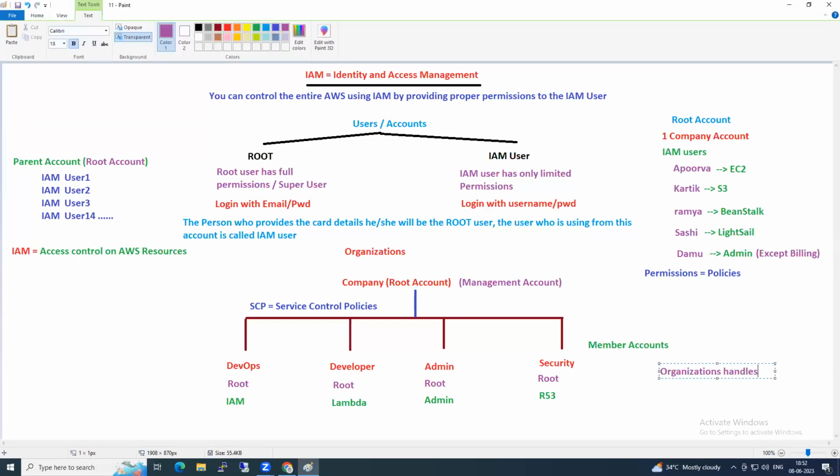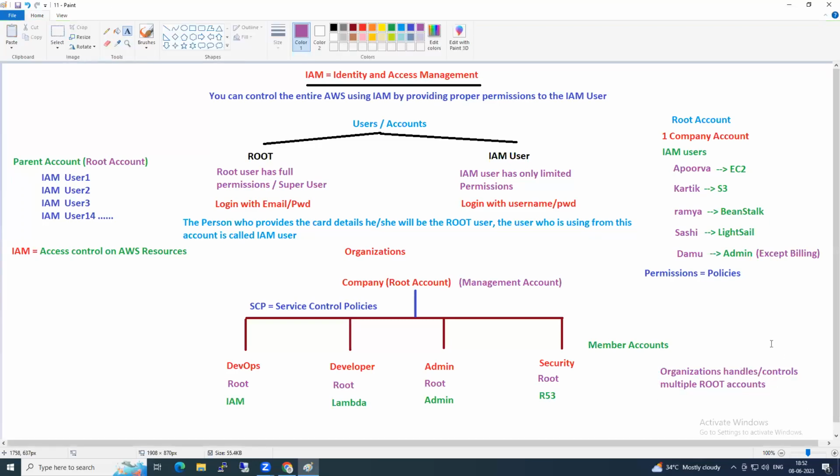Organizations handles or controls multiple root accounts. Clear? Any questions still here? Super.